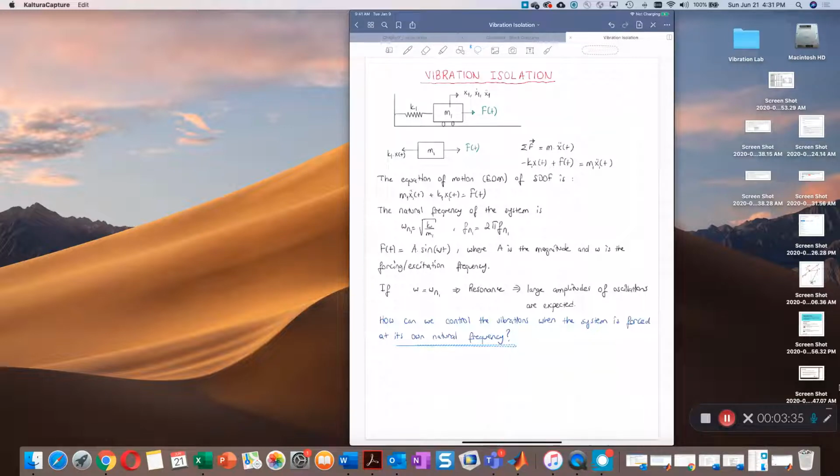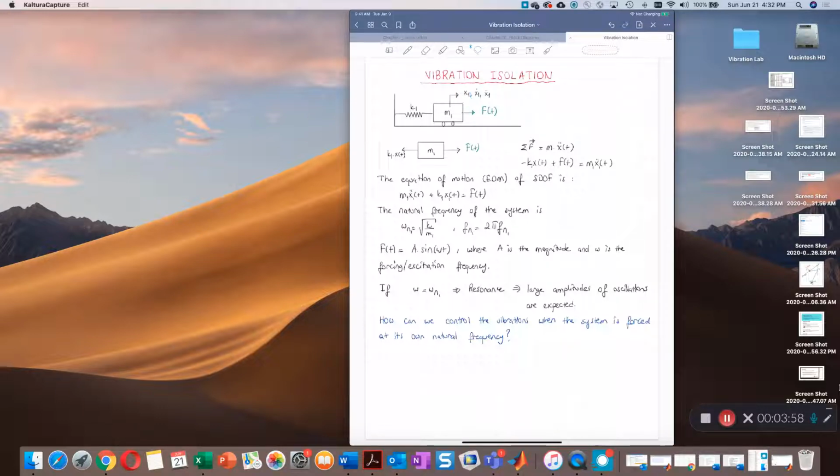Is there any way I can design a passive vibration isolator so that even if I'm still exciting the system by this f of t, when the forcing frequency is equal to the natural frequency, the amplitude of oscillations will be damped?